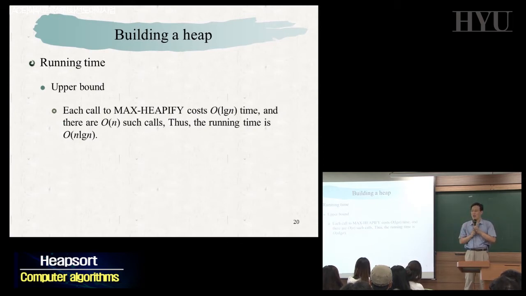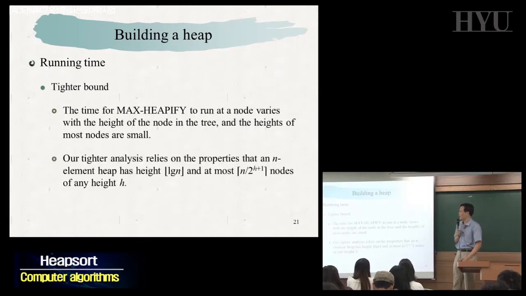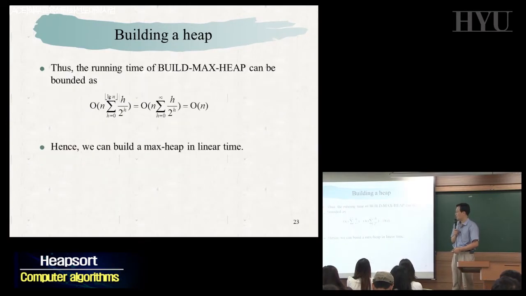So a rough calculation leads to big O of n times log n. But a careful calculation shows it is big O of n.